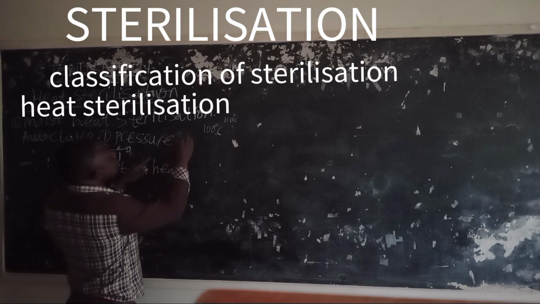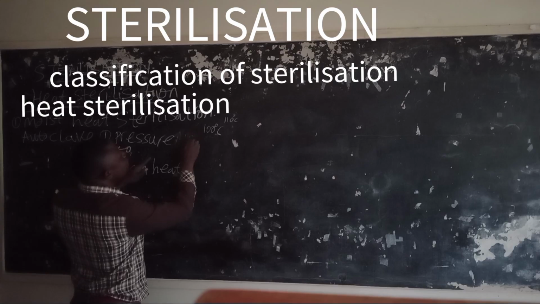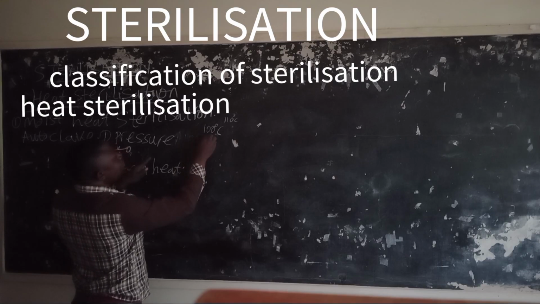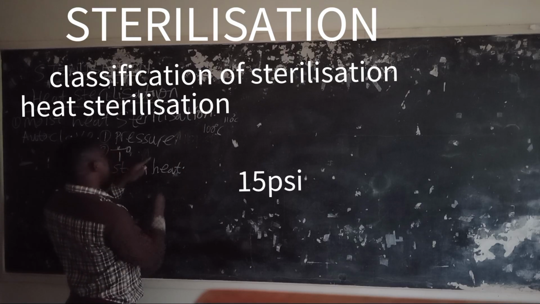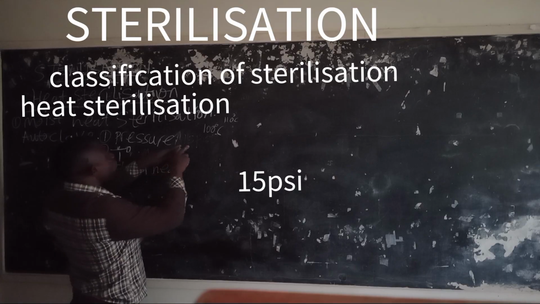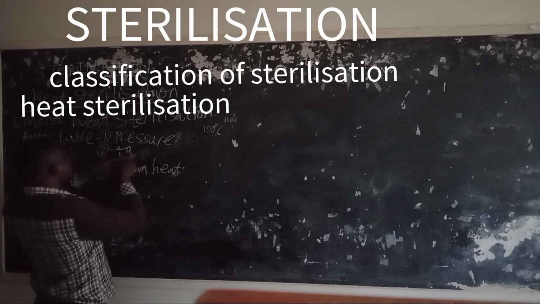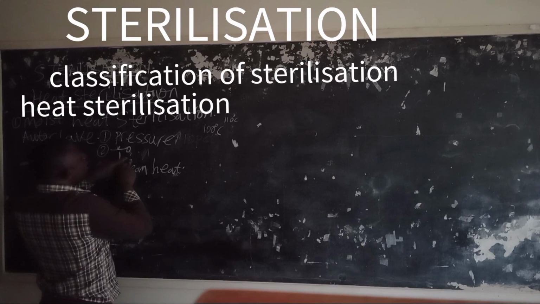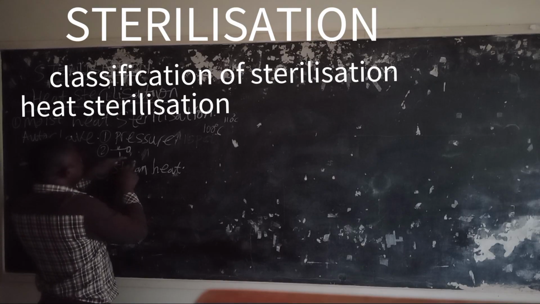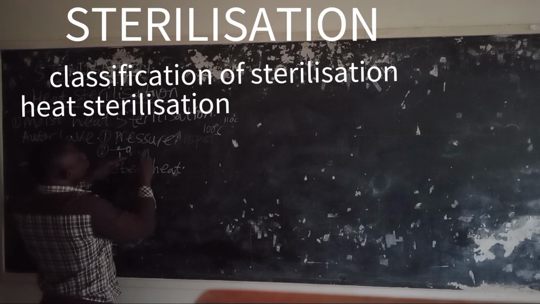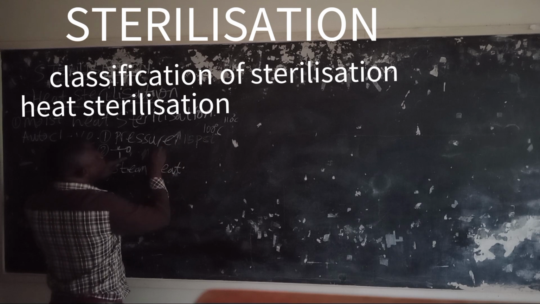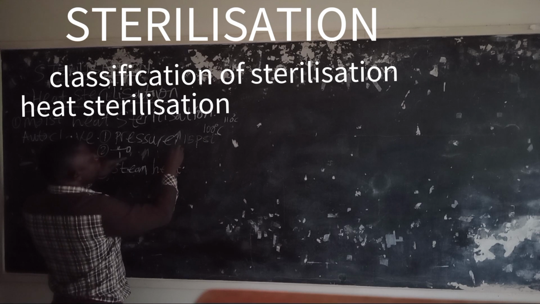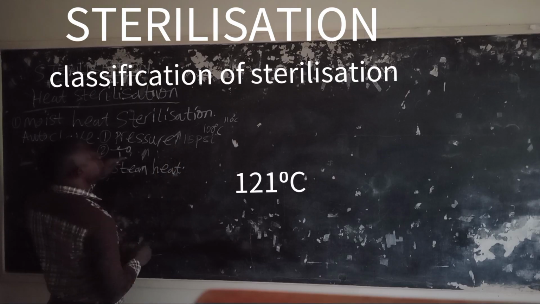So we increase this pressure to 15 pounds per square inch, and the boiling point will increase from 100 to 121 degrees Celsius.